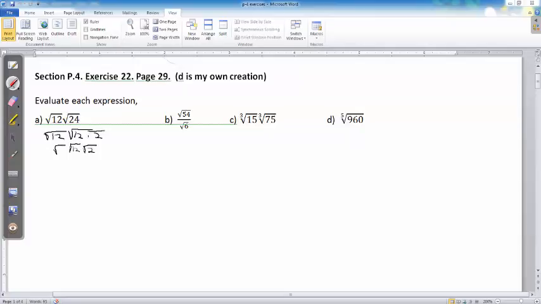A separate square root for this 12. Multiply a square root of 12 times a square root of 12. Well, it's just like squaring it. That's literally what it means if you multiply something by itself. And if you square a square root, they cancel each other out, and you just end up with 12 root 2.